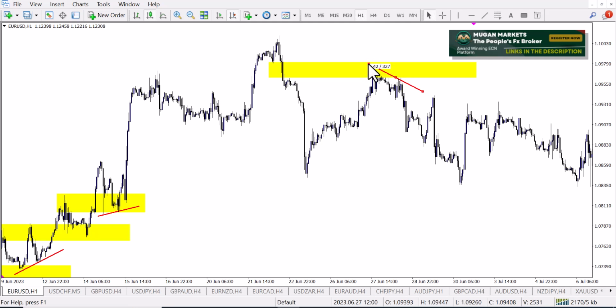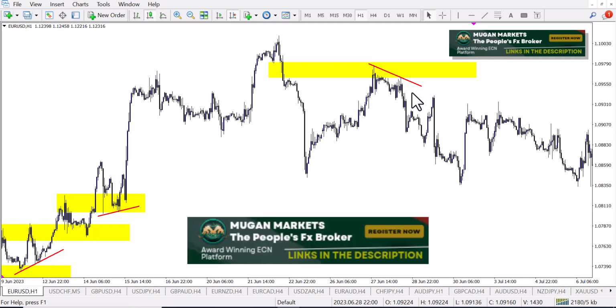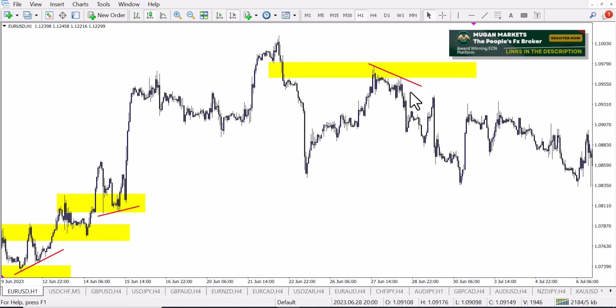So the reason why I'm saying this strategy is best for growing a small account is because of the predictability of this move and the tight stop loss that you are going to use. So the probabilities are stacked in favor of this strategy. Why? Because we are looking at what we call a shift in market structure, a situation where price fails to go above a high and stops just below the high, meaning it's forming what you call a higher low.